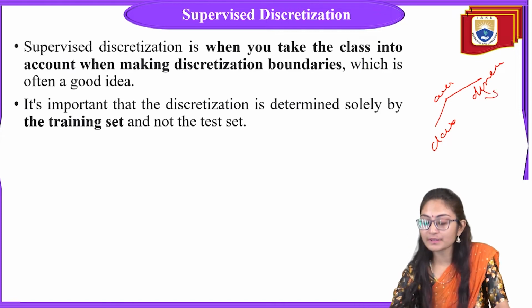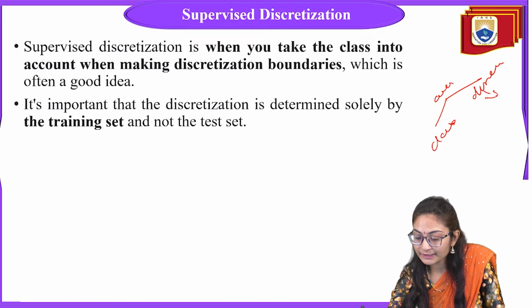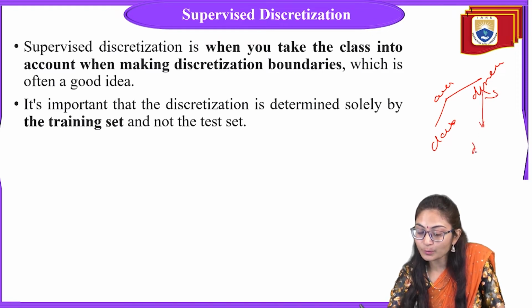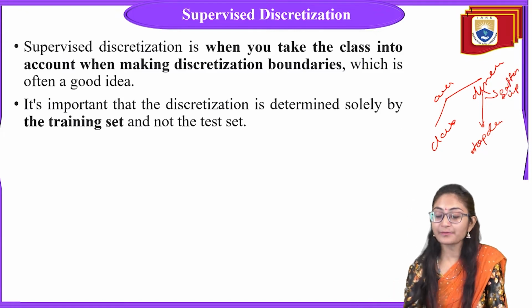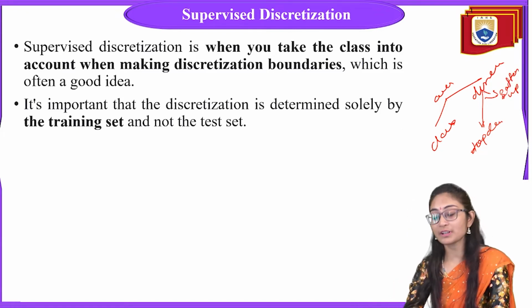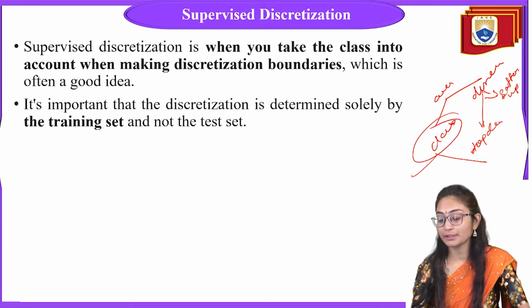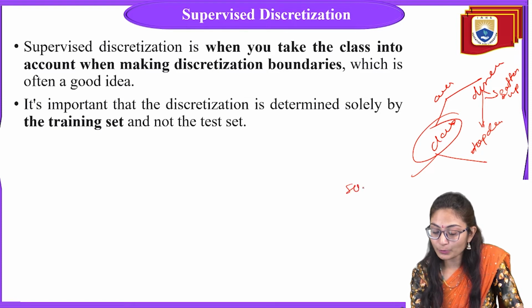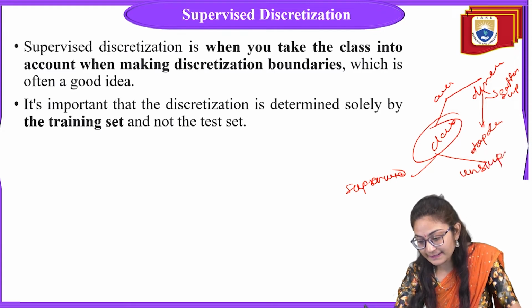When we talk about the direction, it will contain top down and bottom up. But when we are talking about the classes, automatically it will contain two types: supervised discretization and unsupervised discretization.